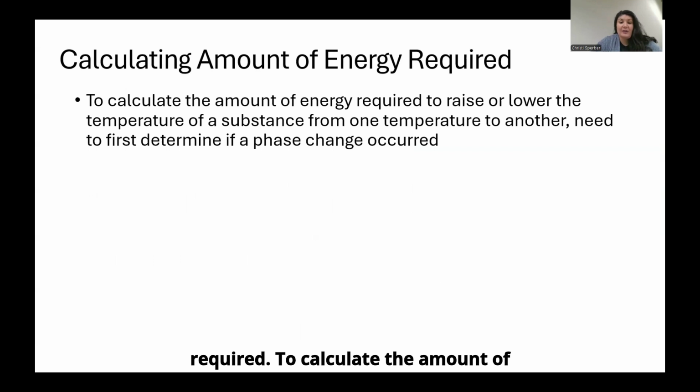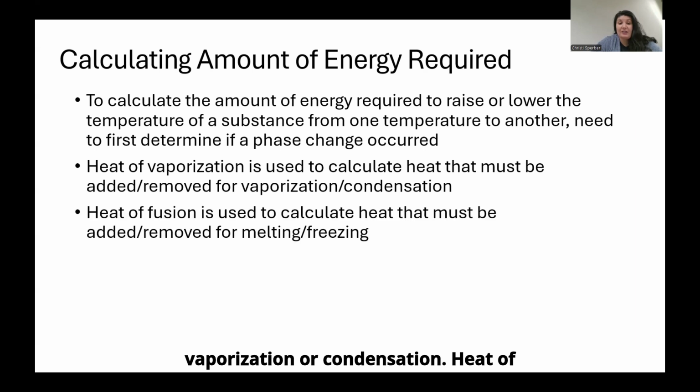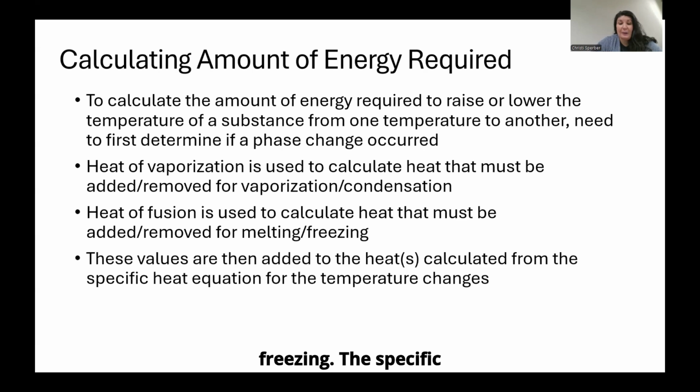So, calculating the amount of energy required. To calculate the amount of energy required to raise or lower the temperature of a substance from one temperature to another, you need to first determine if a phase change occurred. Heat of vaporization is used to calculate heat that must be added or removed for vaporization or condensation. Heat of fusion is used to calculate the heat that must be added or removed for melting or freezing.